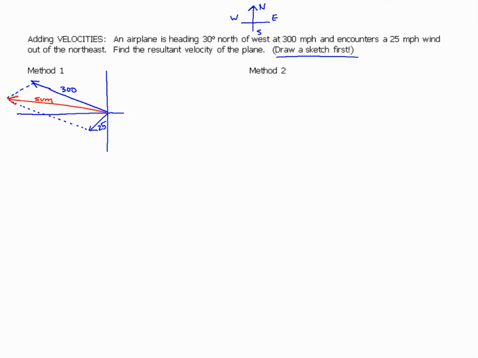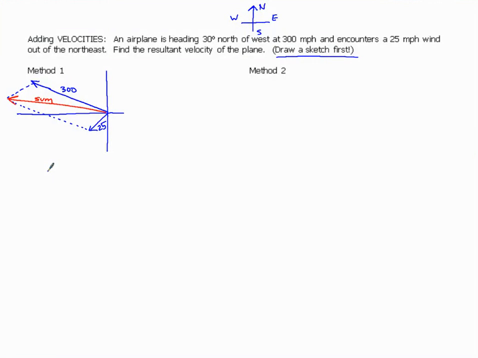Okay. Some things that we know: this airplane is going at 30 degrees north of west. We know that the wind is coming out of the northeast. When it says something like that without giving an angle, you can assume that this is going to be 45 and this is going to be a 45. So it's exactly between the west and the south.